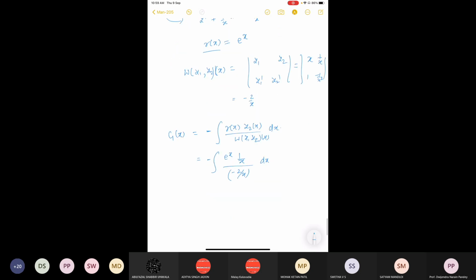So you calculate it. Similarly, C2x is equal to rx, that is e to power x, into y1x, which is x here, divided by minus 2 by x. Can you calculate this C1x and C2x? I believe that you can do it.